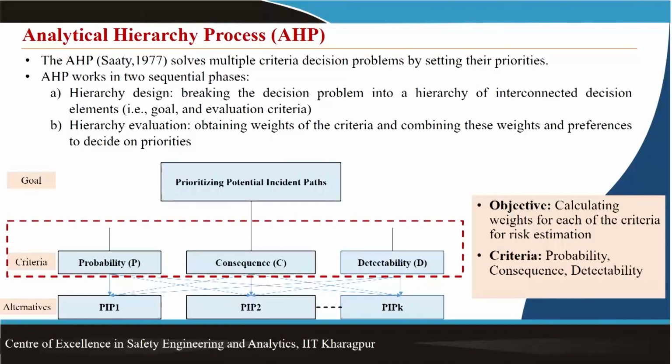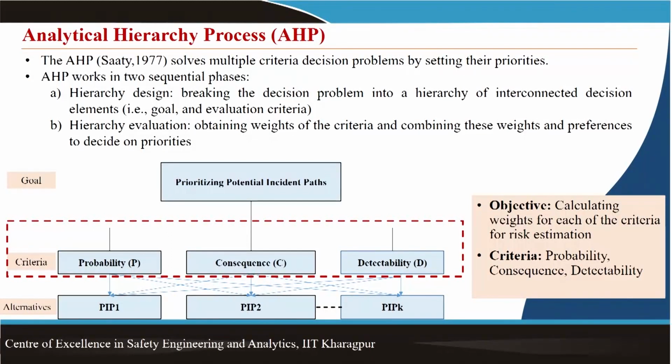If it is risk, it gives the weighted risk for the different paths. If the alternatives are related to safety barriers, then it gives the weighted risk reduction capabilities of these safety barriers. Those things you will consider when you use the analytic hierarchy process.